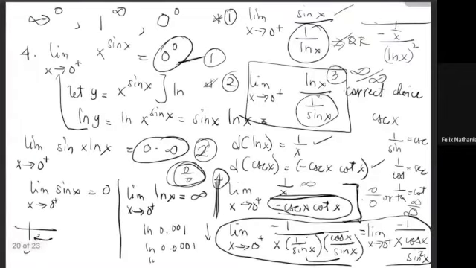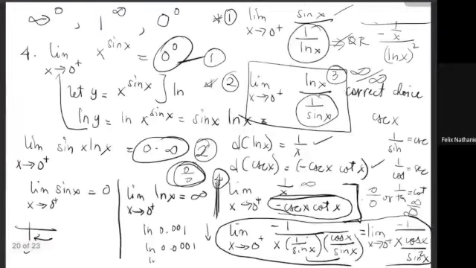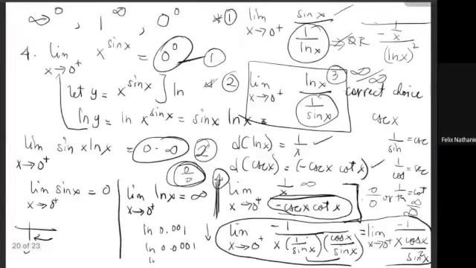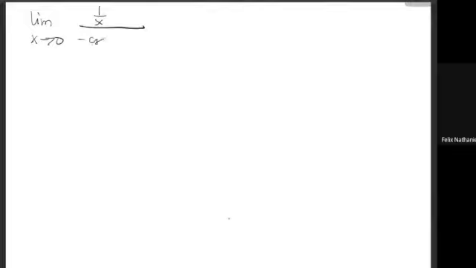Kaya, isulat natin, kasi ang dami ng gulo. Magulo na siya. So, ito, the limit as x approaches 0 of 1 over x whole over negative cosecant of x cotangent of x. Okay.